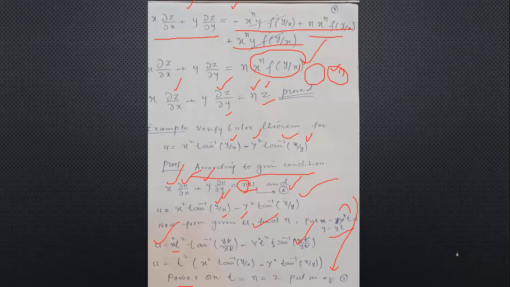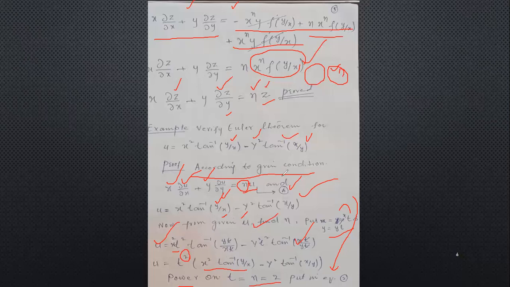Now t square we take common, since both terms have t square common. After that we get x square tan inverse y upon x minus y square tan inverse x upon y. Now the power of t we have is 2, so n is equal to 2.